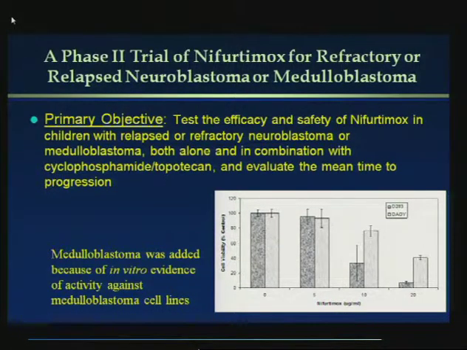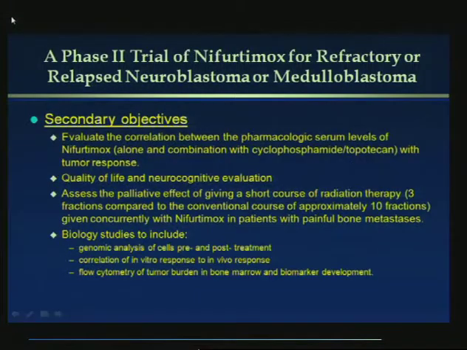And as outlined in an earlier talk, medulloblastoma is a tumor that at relapse has no consistently effective treatment. We had secondary objectives to not only look at scientific questions, but also quality of life and neurocognitive evaluation. Again, with a drug that has neurologic side effects, we wanted to make sure that those weren't unacceptable.